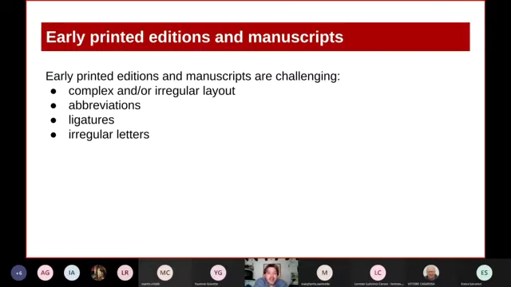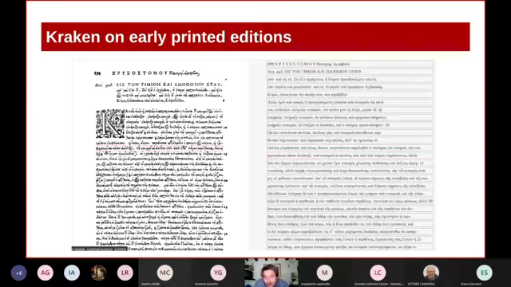In this case, you see something that I like a lot, I must confess, that is the application of Kraken on early printed editions. So Kraken, as I said, derived from Ocropus, and works very well on cursive scripts.